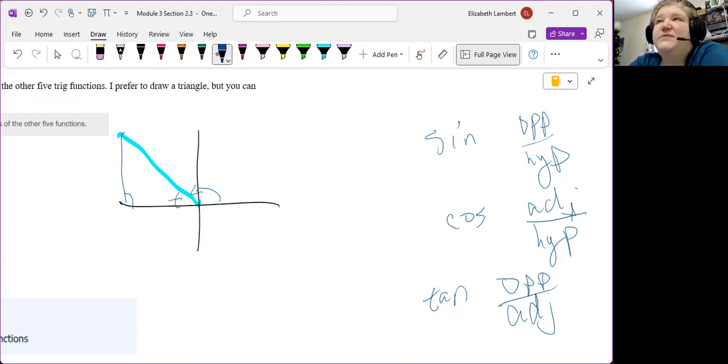So with these, the one my dad told me when I was a kid was, let me highlight them as I say it: Some old horse caught another horse taking oats away. So whenever I would do sine, cosine, or tangent, that was what came in my head immediately. I was like, cosine, caught another horse, AH, adjacent hypotenuse.